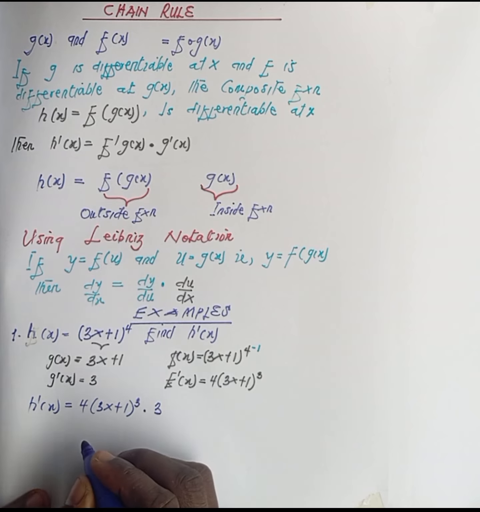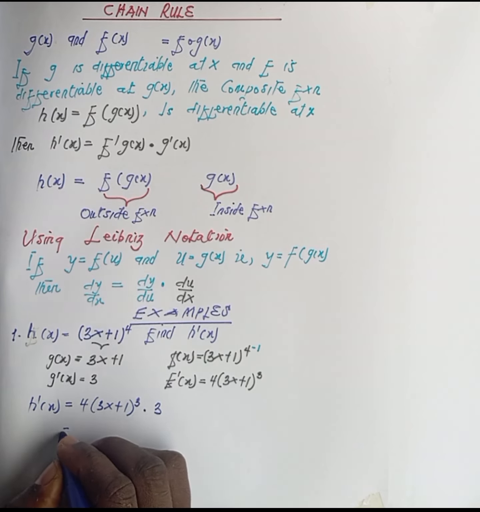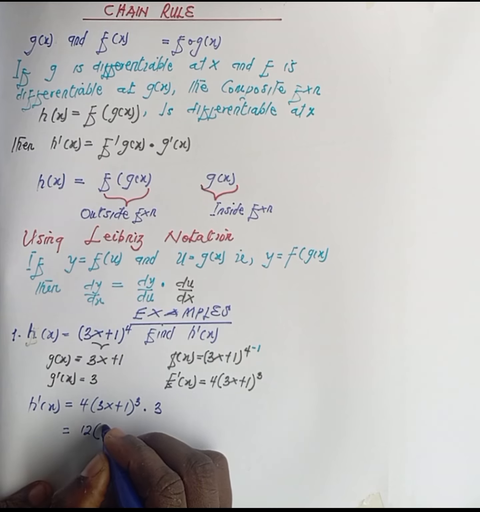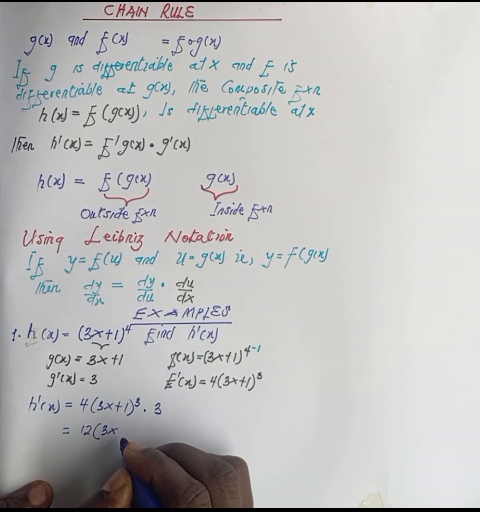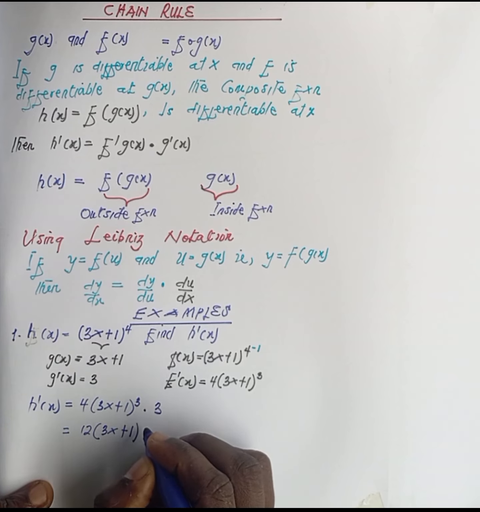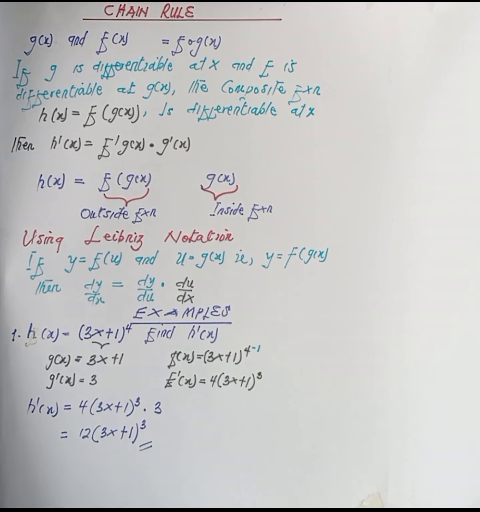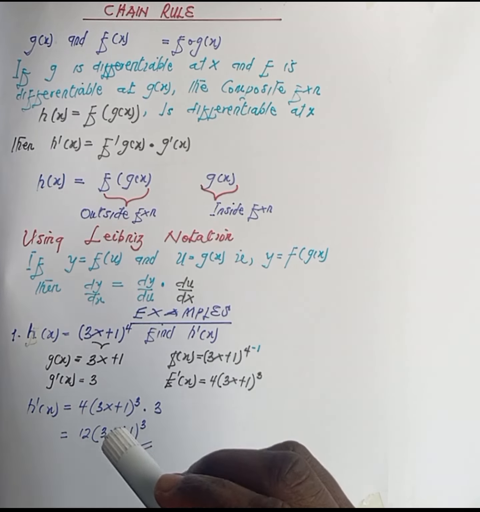After that we expand and simplify. 3 times 4 gives us 12, and then we have 3x plus 1 raised to the power 3. We can leave it in this form. So this is the derivative of the function here.